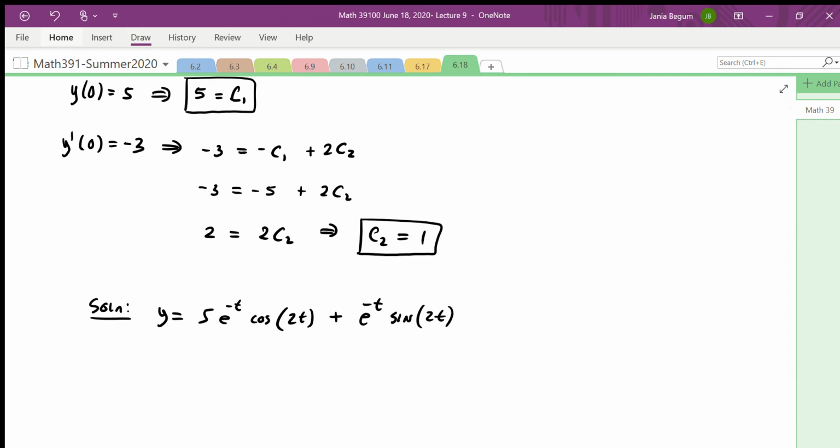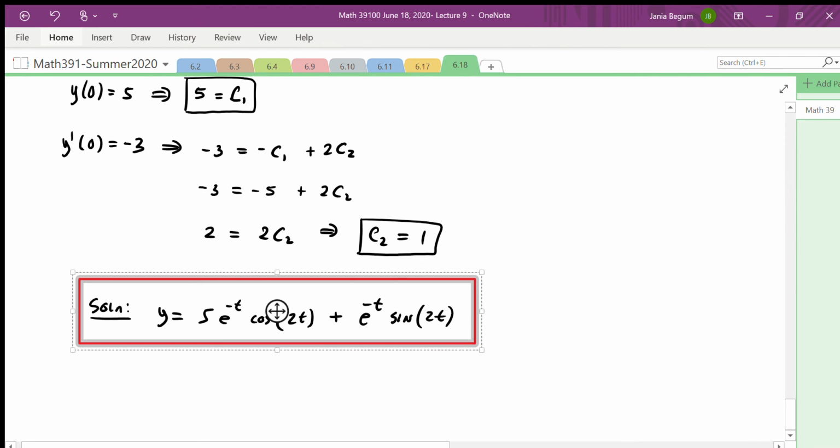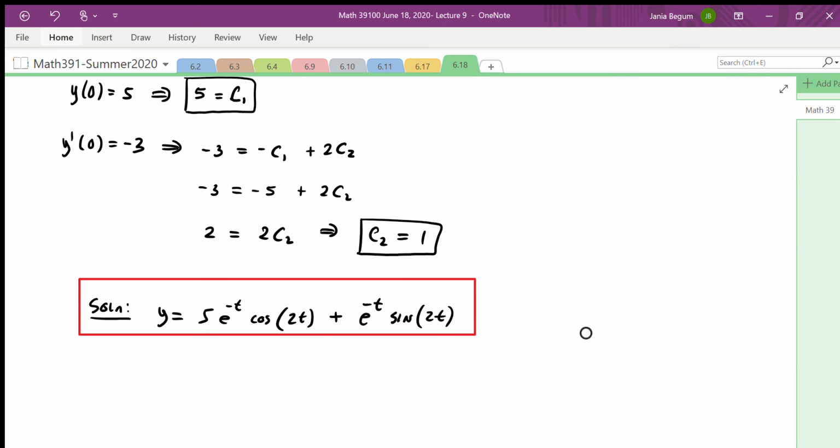So that will be our solution to this problem. Any questions? Alright, so that will be our solution to this. Okay. So let me know if you guys have any questions. So that's 3.3. Okay.